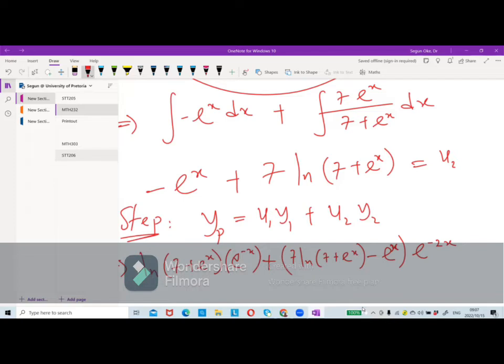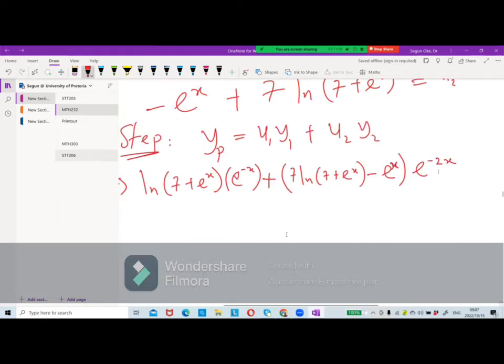So if you open the bracket, what do we have? Let's try and open the brackets one after the other. Exponential minus x ln 7 plus exponential x. So we can multiply now.